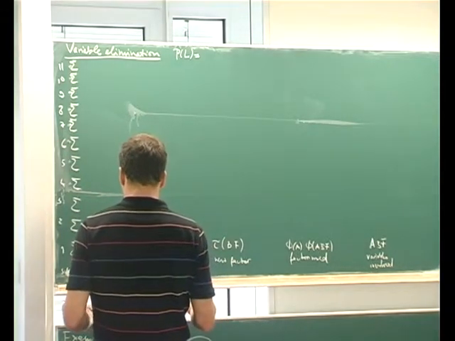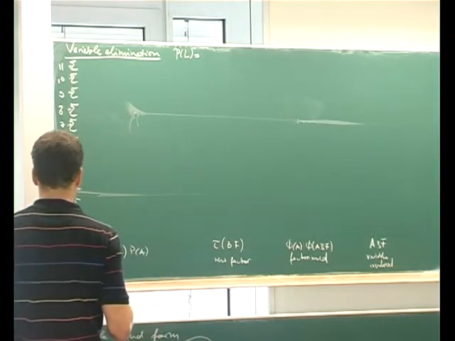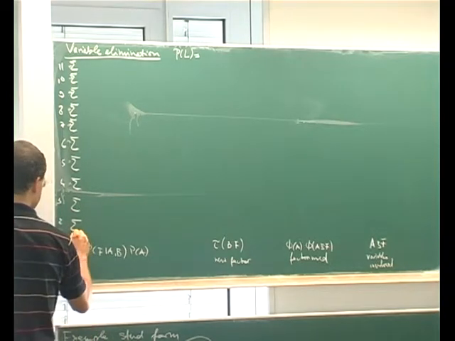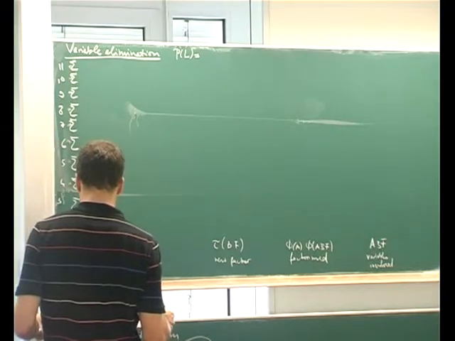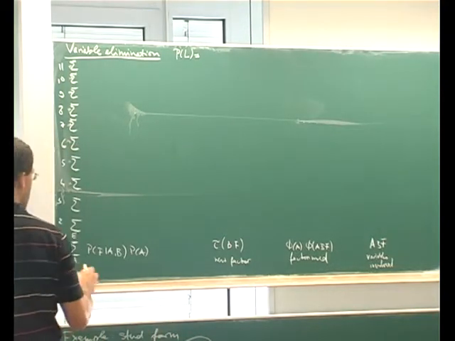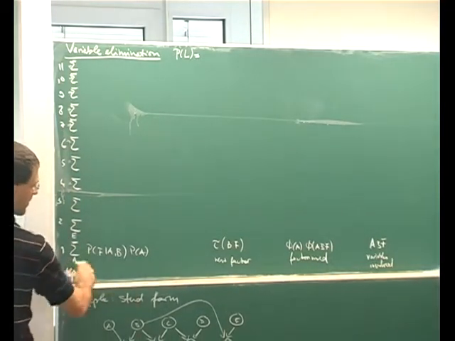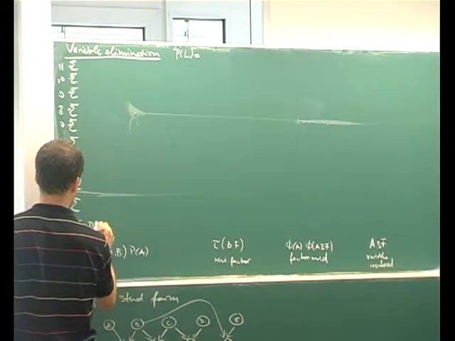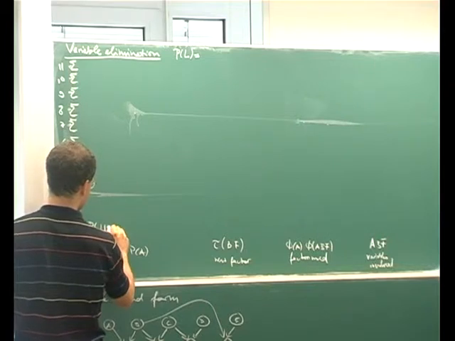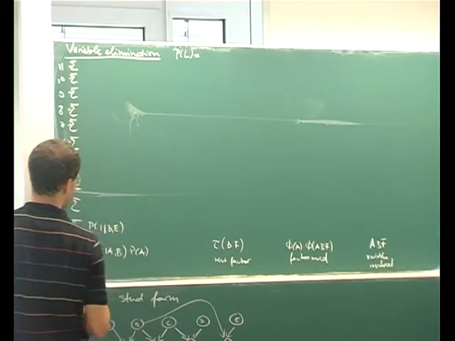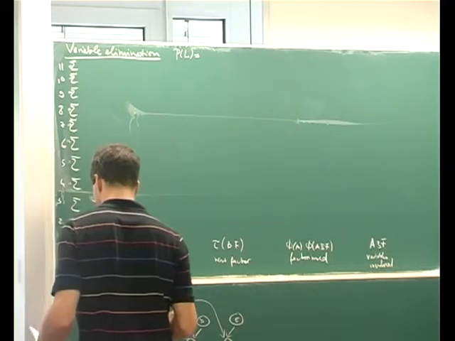Okay. So in the next step, I'm going to integrate out E. And what depends on E? There's, on the one hand, I, which depends on B and E, and on the other hand, there is E itself.